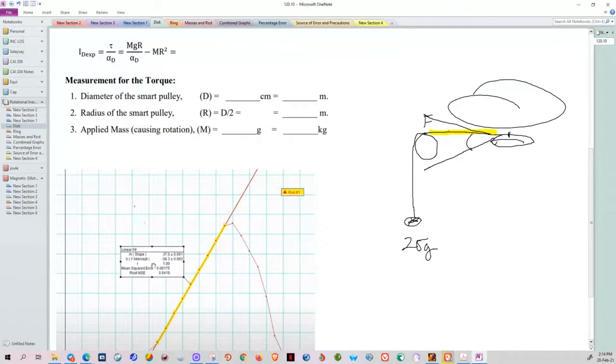But if the string is horizontal, however is this mass multiplied by gravity, it will be exactly the same force applied to make the torque. Is that clear? So the source of error, the string for the applied mass is not horizontal. Precaution, it must be horizontal. Okay? So let's go back to the video.